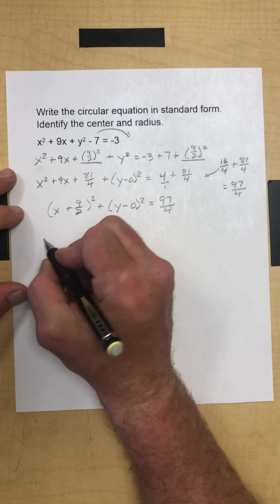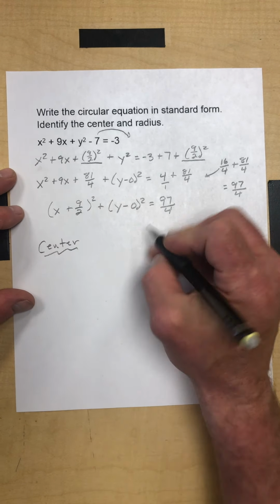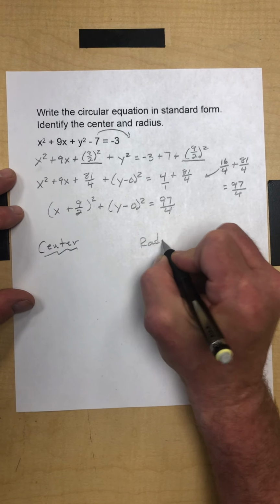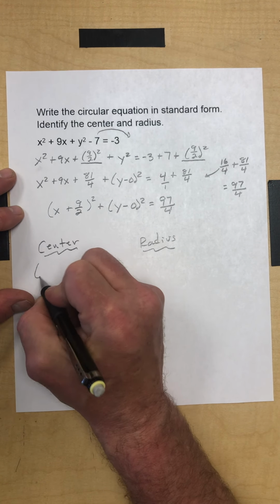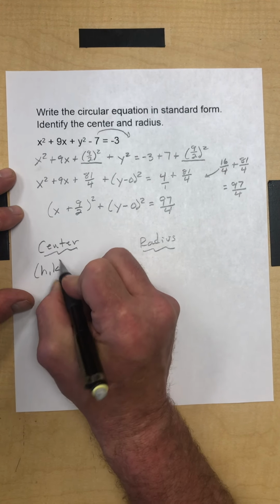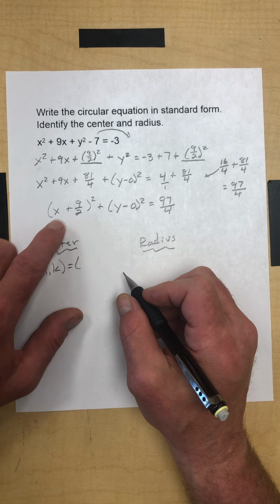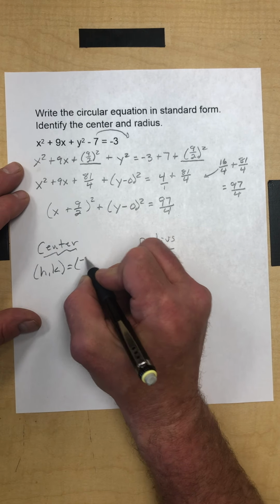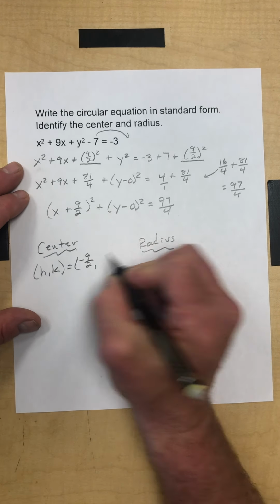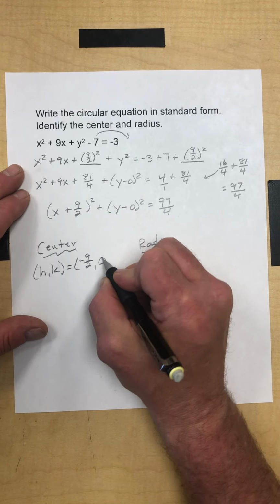Okay, so now we can get our center and our radius. Our (h, k): that'd be x minus h, so that'd have to be x minus a negative 9/2. So h is negative 9/2. We'd have y minus k, so k is 0.